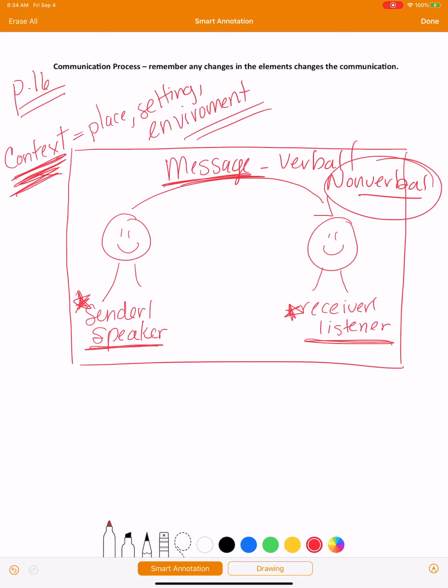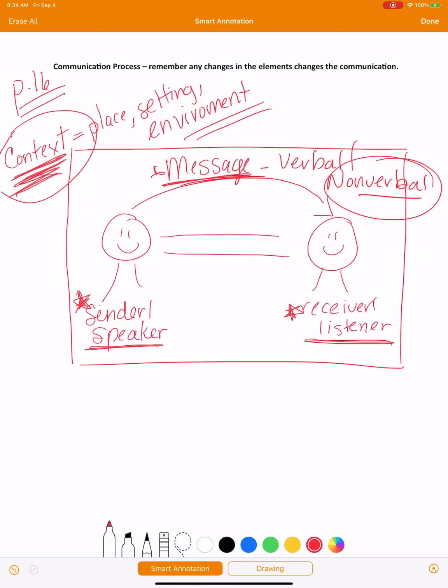Now, if we change the venue to a football stadium and you're supposed to meet me in a certain section, that would be permissible. The rules would change where I could yell or be loud or stand up, maybe jump around to get your attention. All right, so the sender is developing a message in a particular environment to send to the receiver.